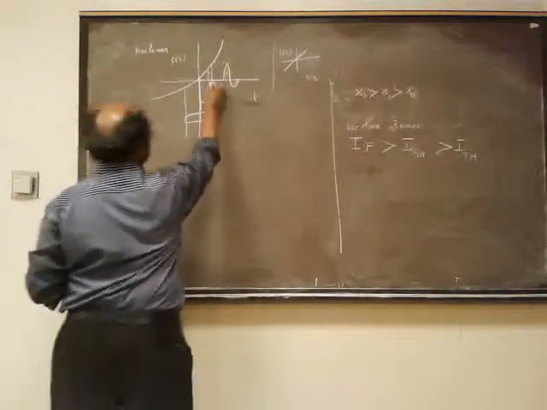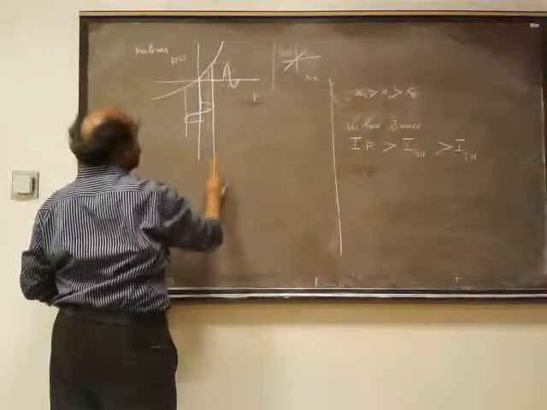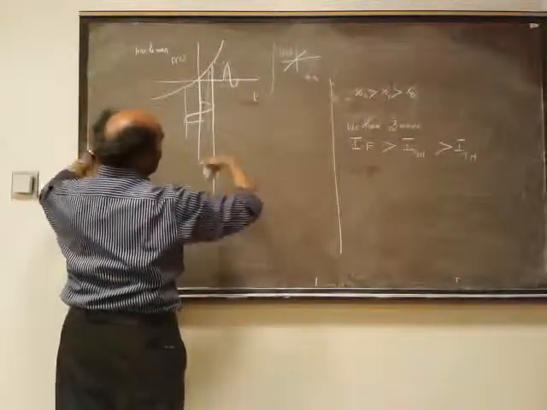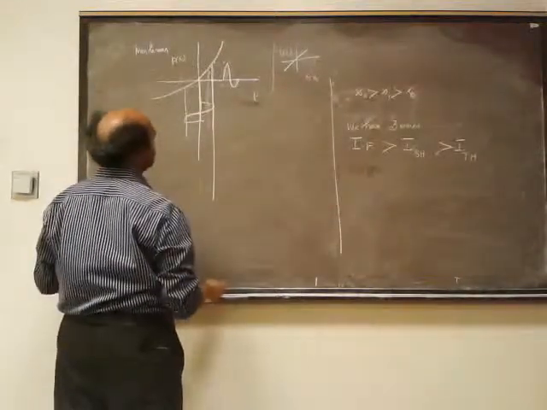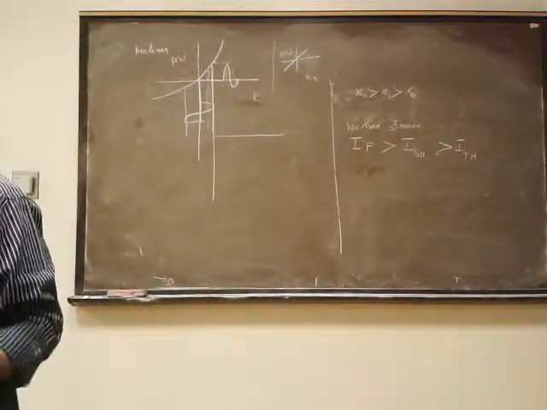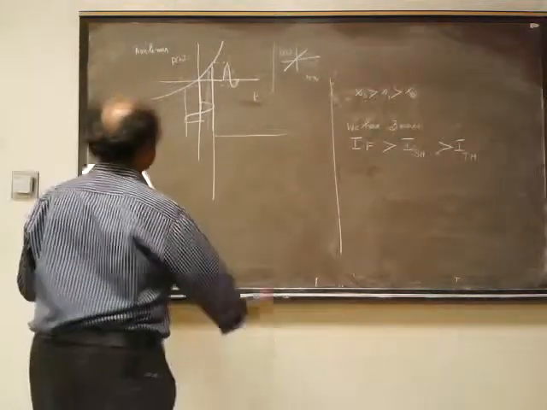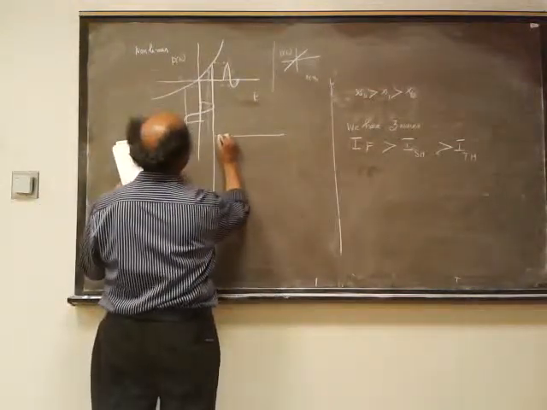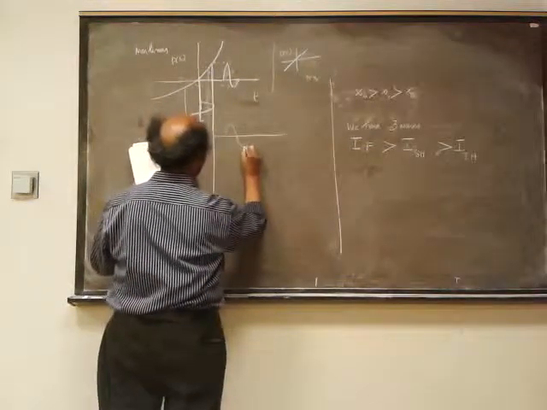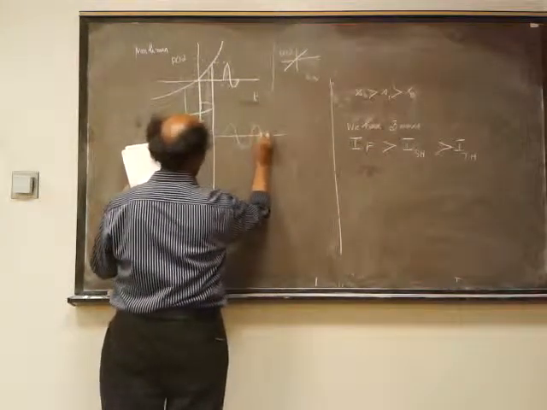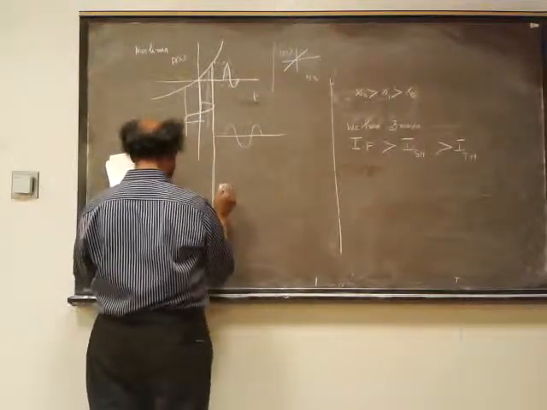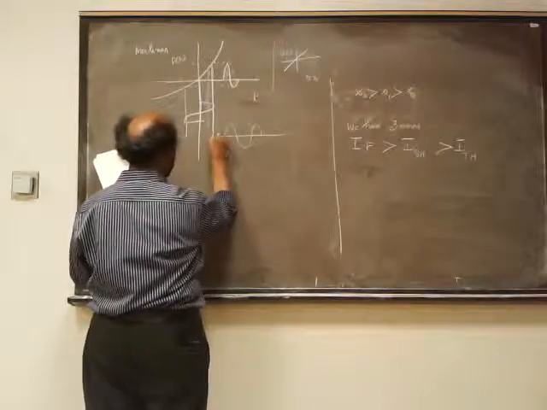A periodic vibration like this can be Fourier analyzed into 3 frequencies, many more frequencies. It can be put like this. Write down carefully, you will understand the whole idea.